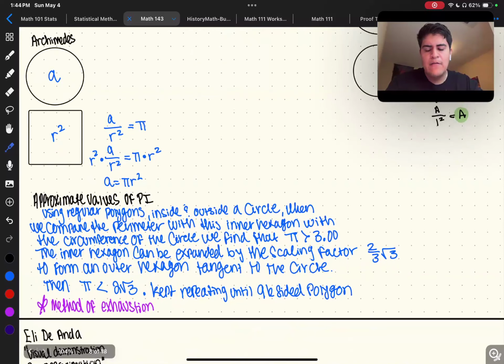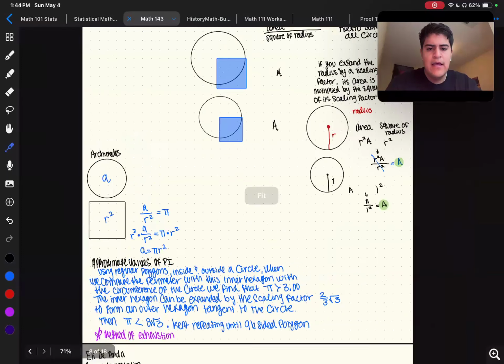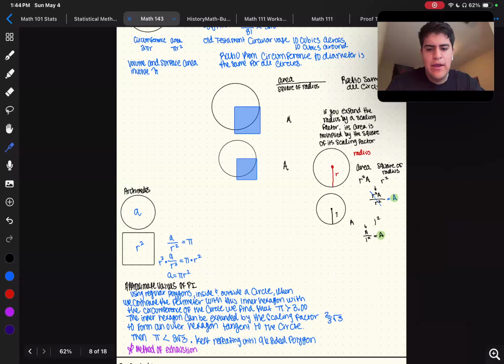And for approximate values of pi, using regular polygons inside and outside a circle, when we compare the perimeter of this inner hexagon with the circumference of the circle, we find that pi is greater than 3. The inner hexagon can be expanded by the scaling factor of 2 over the square root of 3 to form an outer hexagon tangent to the circle.